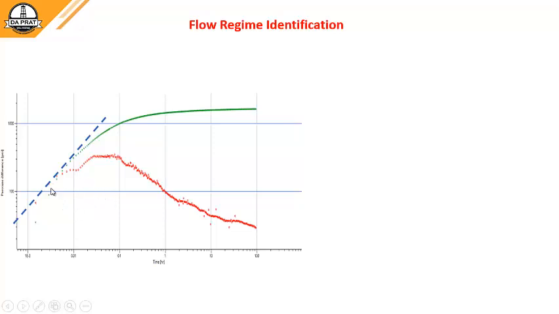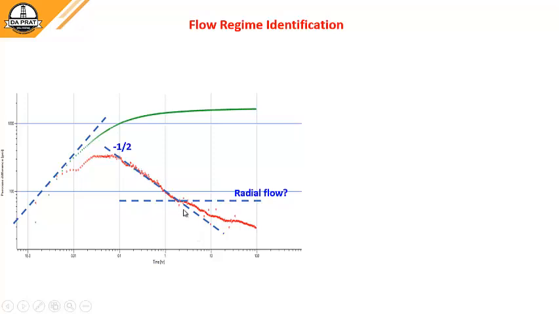If you analyze it, there is a wellbore storage initially. Then we have this trend here, and if we calculate the slope, it is minus one half. This slope is very characteristic of spherical flow, let's say.